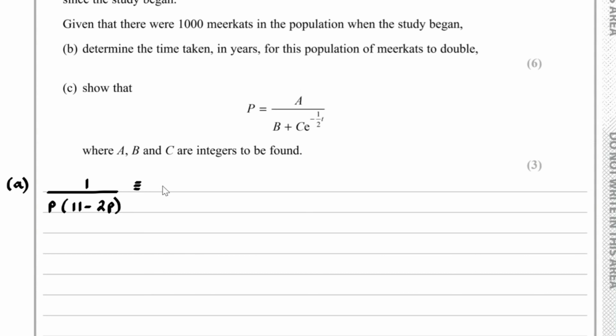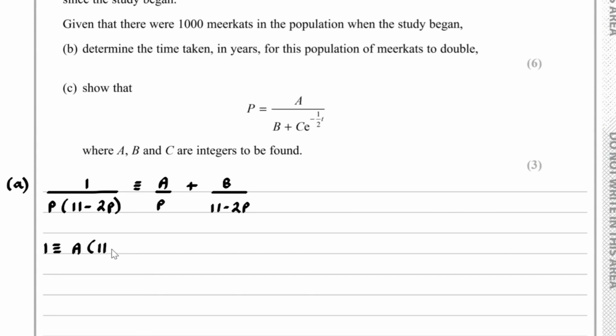Well, this will be equivalent to a over p plus b over 11 minus 2p. And if I multiply through by p lots of 11 minus 2p, 1 is equivalent to a lots of 11 minus 2p plus b lots of p.